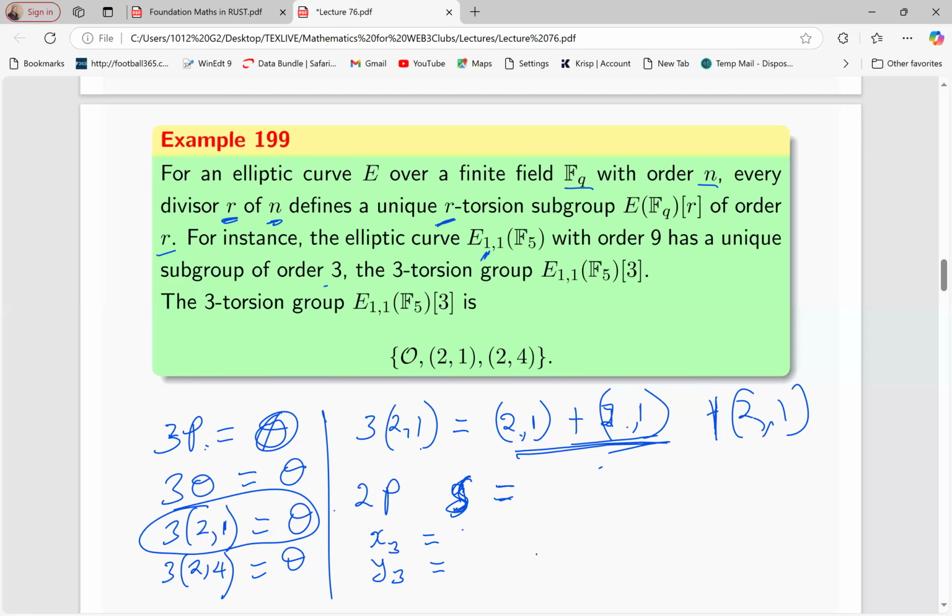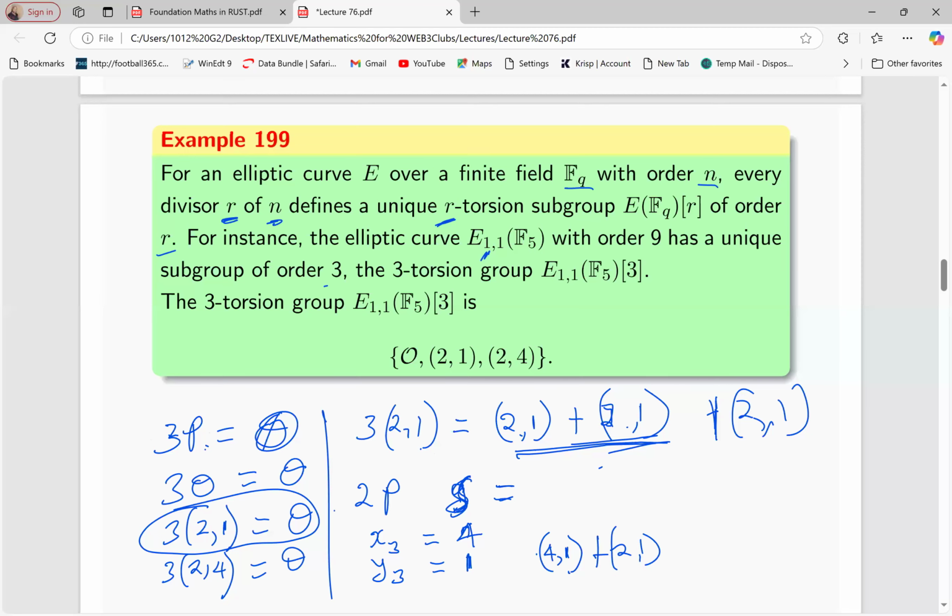Let me say you find 2, let me say you find 4, and let me say you find maybe 1. So you now come up with a point 4, 1. Now, if this is the point 4, 1, now add 2, 1 to this.